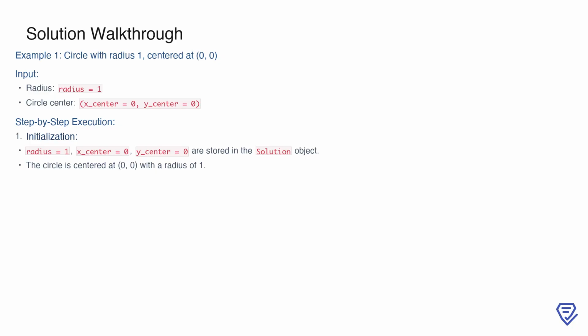For example, generating x_offset equals 0.8 and y_offset equals -1.6 gives 0.8 squared plus -1.6 squared equals 0.64 plus 2.56 equals 3.2, which is less than 4, so the point is valid. Translating this point back to the circle's center results in 1.8, -0.6, which is returned as the output.